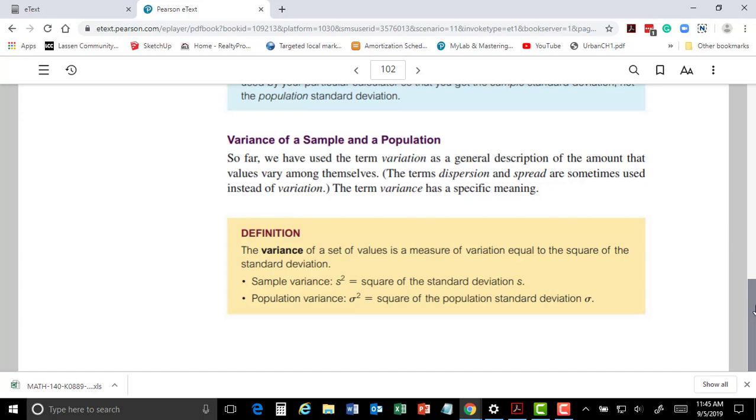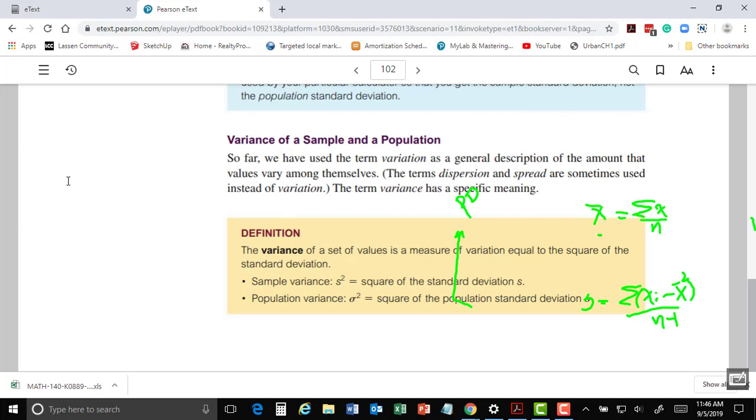Now this is something you should commit to memory. If S is called the sample deviation, true? You've got to know that if you square it, that's going to be the sample variance. It's the same number, squared or not.